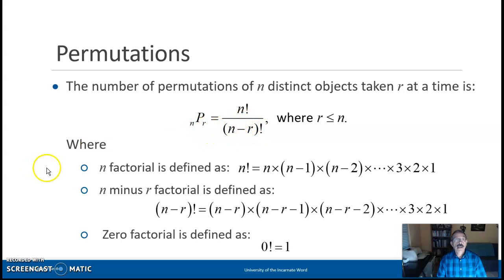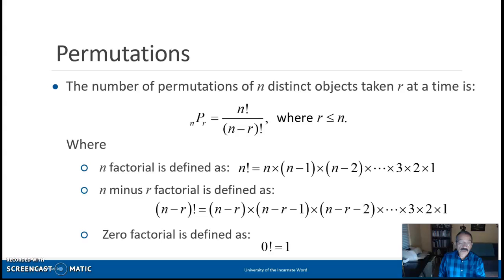All right, n factorial, which is written as n exclamation mark, means that you multiply all the integers from n, whatever number n is, all the way to 1. For example, if you're looking at 3 factorial, that means you will multiply 3 times 2 times 1, and that will be 6. The n minus r factorial means that you first calculate the difference between n and r, and then you compute the factorial of that result.